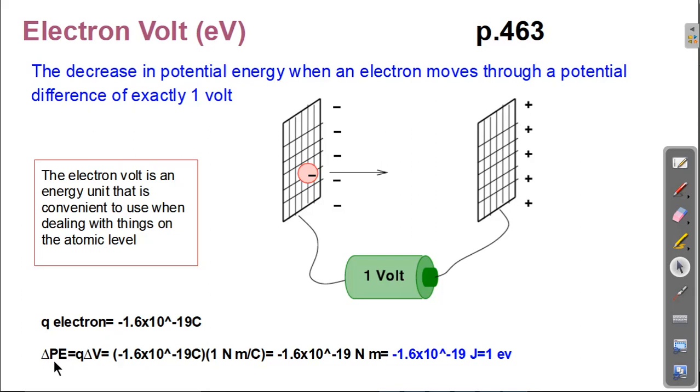So if you calculate the potential energy that this electron has, it is the charge times the difference in electrical potential, and we said it was 1 volt. So that value is 1 electron volt. 1 electron volt is negative 1.6 times 10 to the negative 19 joules. That's what an electron volt is.